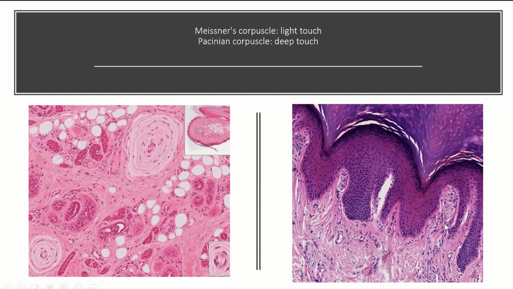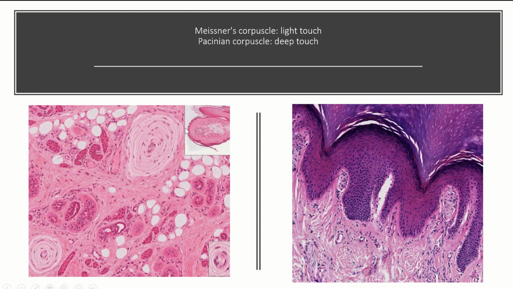These are actually the nerve endings, the sensors of nerve. They're given a special name, and it's called a Meissner's corpuscle, and they are responsible for light touch. So if somebody just grazes your arm, your Meissner's corpuscles will pick up on that and transmit that to you.